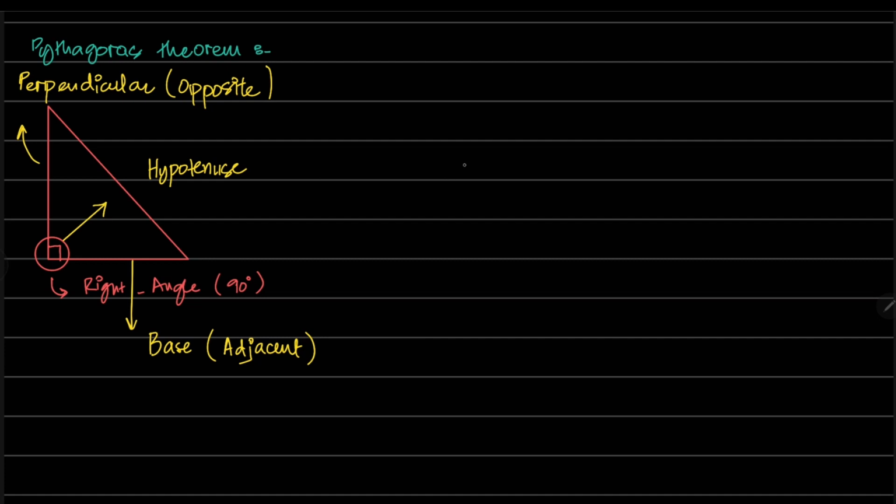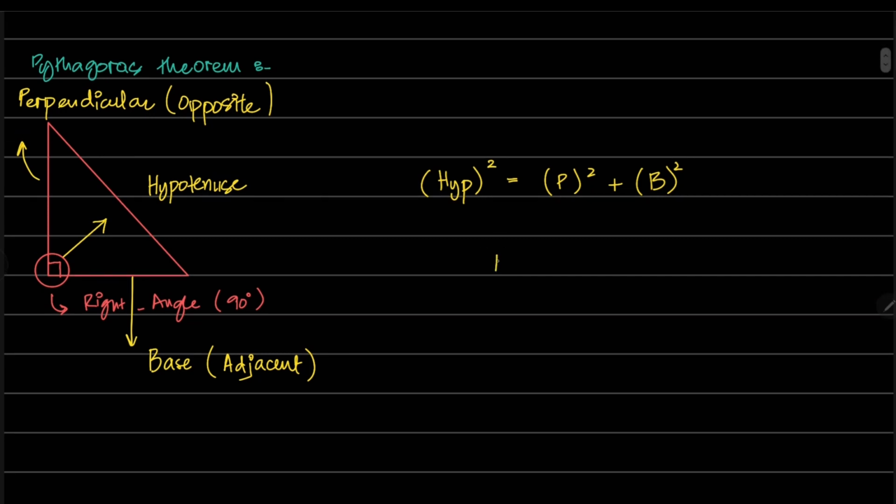Pythagoras theorem states that the square of the hypotenuse is equal to the sum of the squares of your perpendicular side plus your base. Let's say the examiner has given you the perpendicular and the base and is asking you to find out the hypotenuse.